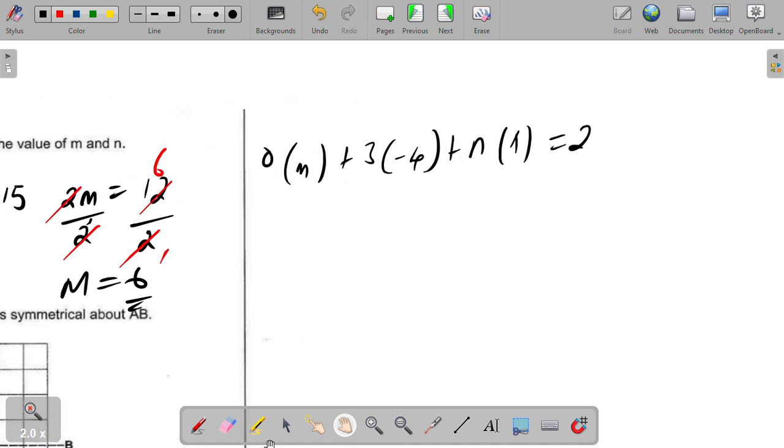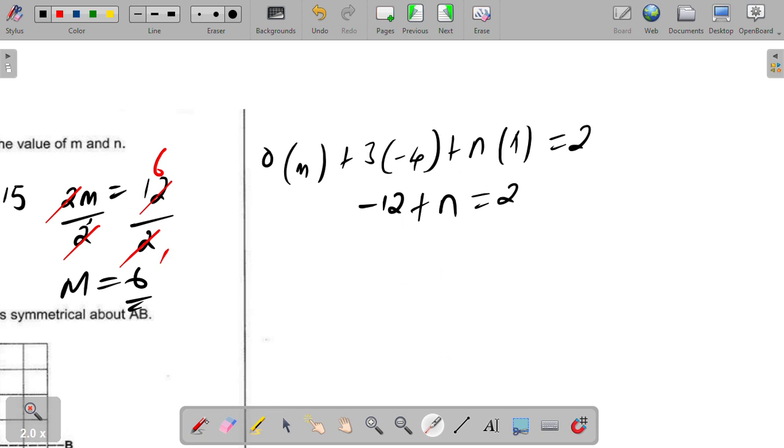Okay, so we are looking for the value of n. 0 times m, automatically it's 0, so we focus on this. Positive 3 multiplied by -4, we have -12, plus n multiplied by 1, we have n equals to 2. Here we can now group the like terms.